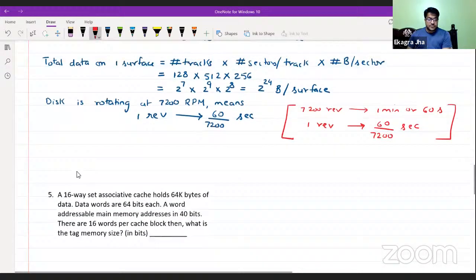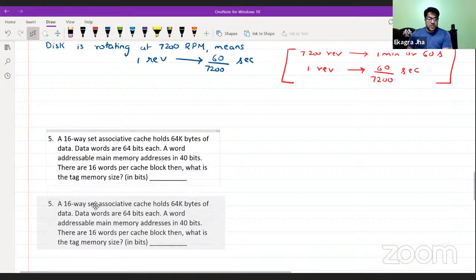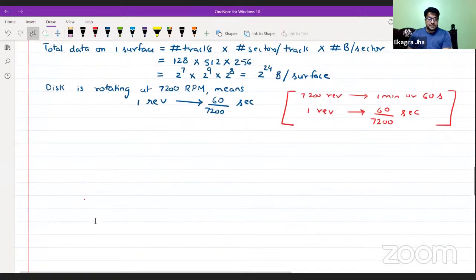In one revolution, as I already explained, you can transfer one track of data. So one revolution takes 60 upon 7200 seconds. Next, in one revolution the read write head can read the data from one track.